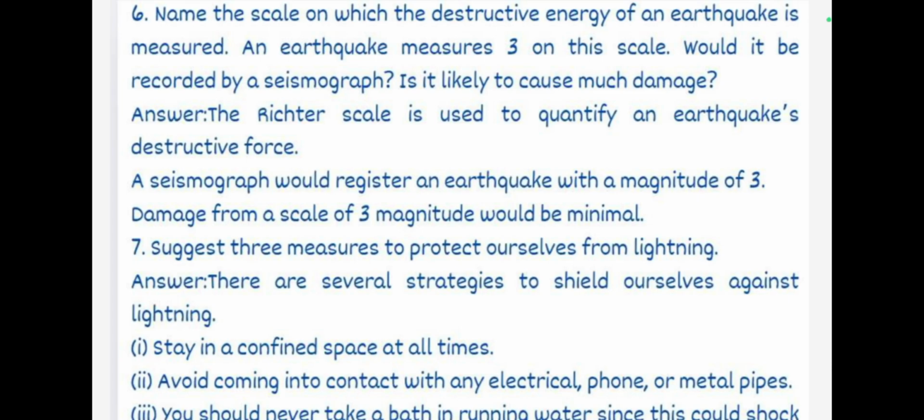A seismograph would register an earthquake with a magnitude of 3.